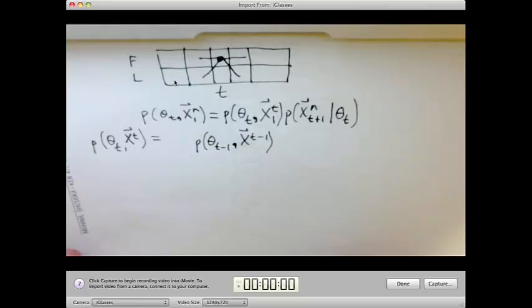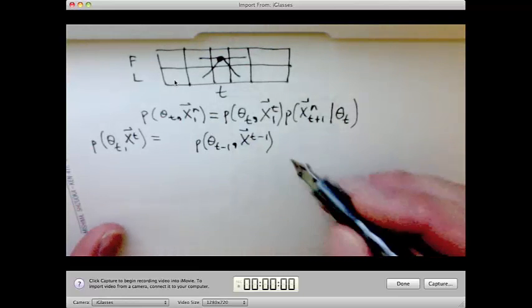And we just have to think about what components we need to add on to get what we want. Over here we've got an xt, and over here we've got an xt minus 1, so we've got to get an xt. And over here we've got a theta t, and over here we've got a theta t minus 1, so we're going to have to get the probability of theta t as well. So basically, that's just the emission and the transition components, right?